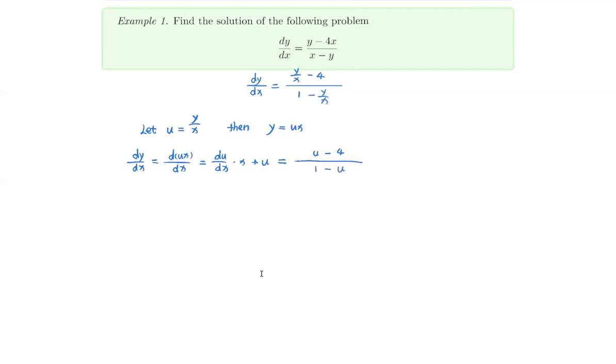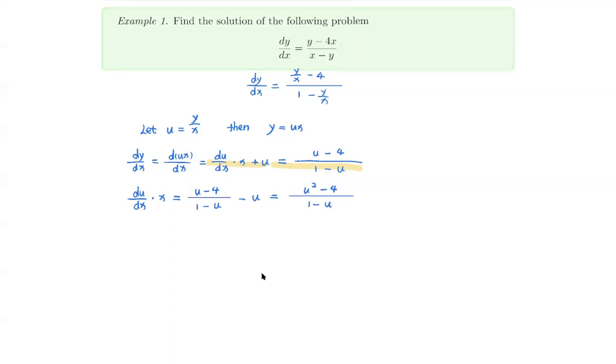Here you have a separable ODE. You move your u to the other side of the equation. So du over dx times x gives you u minus 4 over 1 minus u minus u, and with a common denominator it's u squared minus 4 over 1 minus u.